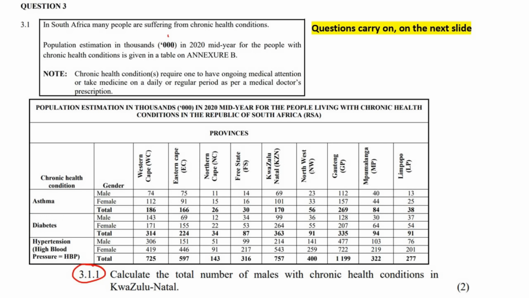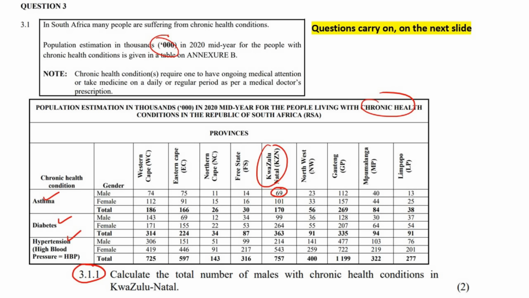All right. So it says, calculate the total number of males with chronic health conditions in KwaZulu-Natal. So we go to KwaZulu-Natal. Now, they didn't say asthma, diabetes, or hypertension. No, they're talking about all of these chronic health conditions, which is the asthma, diabetes, and the hypertension. So if we look at KwaZulu-Natal, and we look at the males, for asthma it's 69, but that's 69,000, okay?